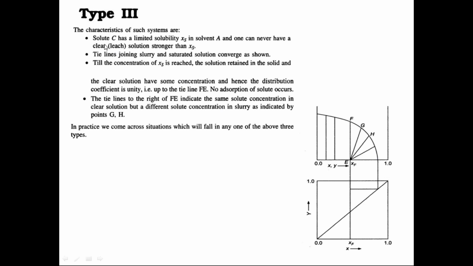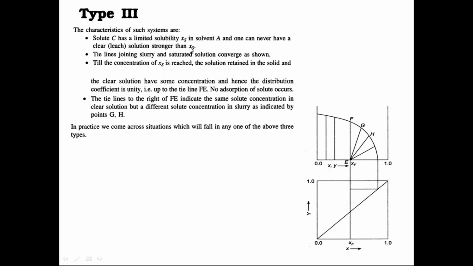So solute C has a limited solubility in solvent A, and one can never have a clear solution stronger than XC. So the weight fraction value of the excess cannot increase. You cannot get a stronger solution than the excess.